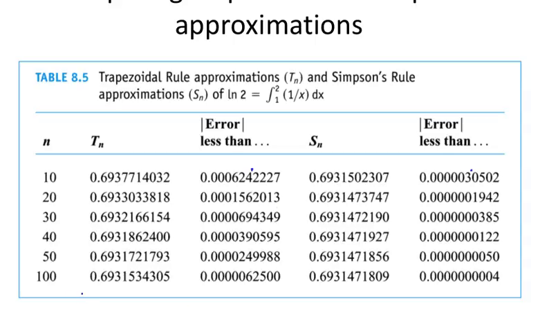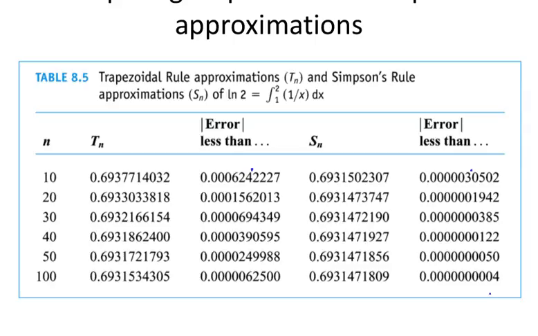And look down here, when you increase your n, the number of partitions, to 100 across the same interval, your error goes down even more so. Here it's 6 times 10 to the negative 6. And over here for the trapezoid rule, it's 400 times 10 to the negative 12.